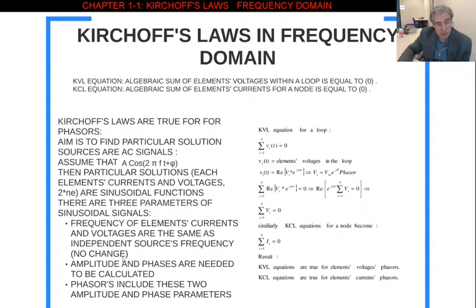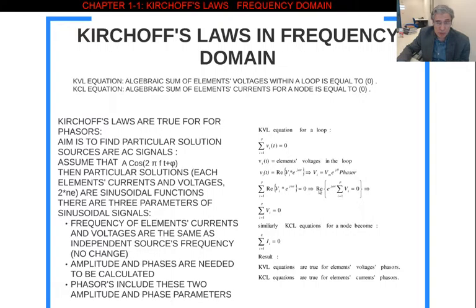So let's transfer that information to here now. We wrote the Kirchhoff voltage law equations in time domain. Since we know all the elements' currents and voltages are going to be sinusoidal functions, we can write the sinusoidal function in this form. We already examined that. This form includes Vi, the phasor of the element voltage, multiplied by e to the power j omega t; the real part of it gives you the sinusoidal function in time domain. If you replace the sinusoidal function with this new representation, you end up with this.